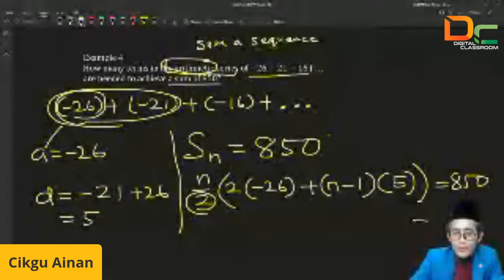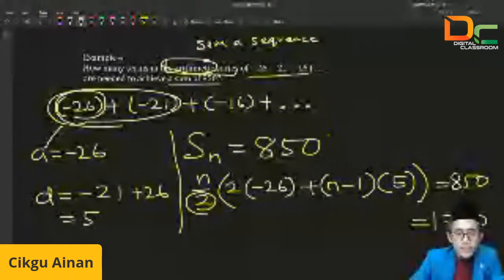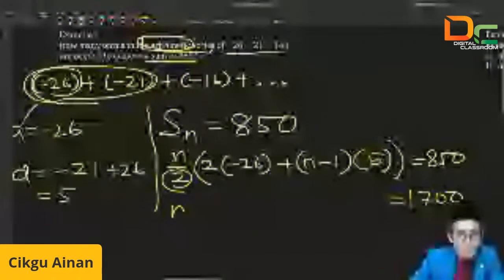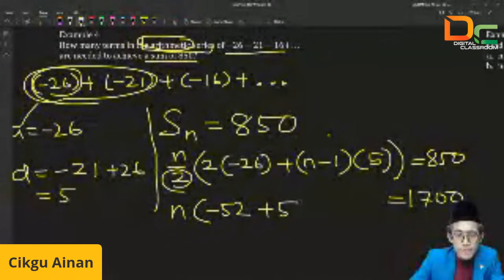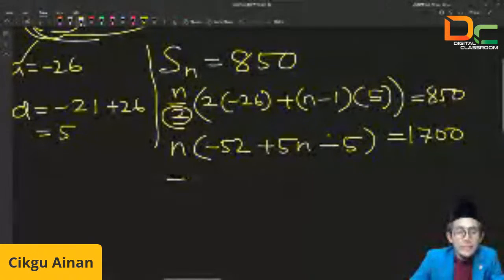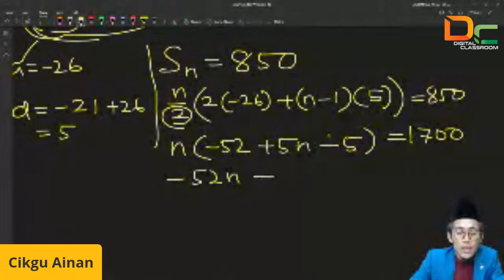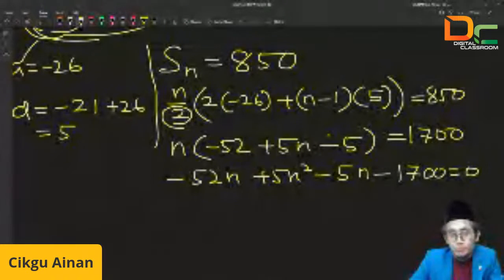Maybe I bring this over, so it becomes 1700. So we have n multiplied by minus 52 plus 5n minus 5. Multiply the n: minus 52n plus 5n squared minus 5n, and we must subtract 1700 too, equals 0.